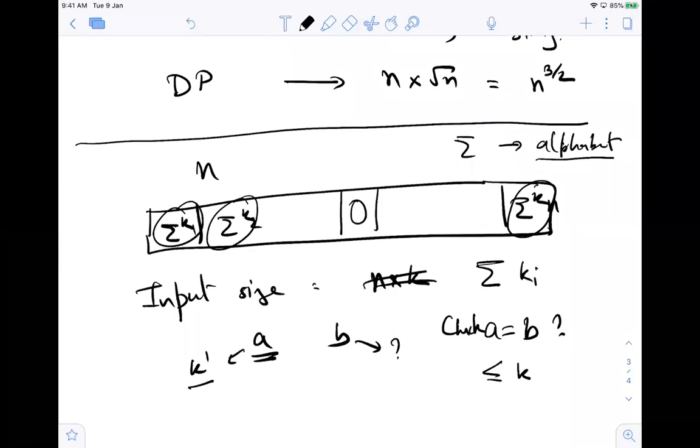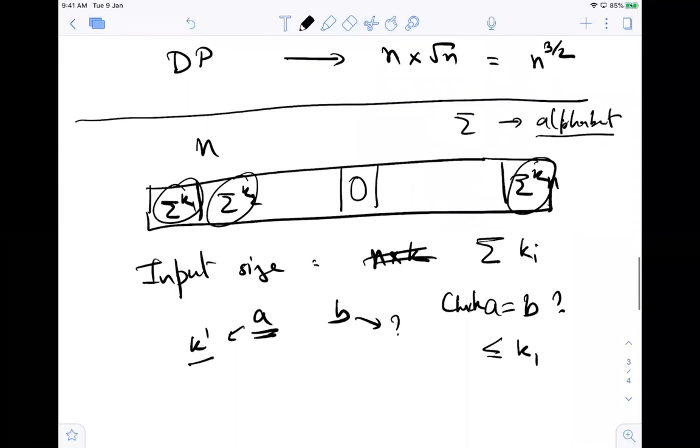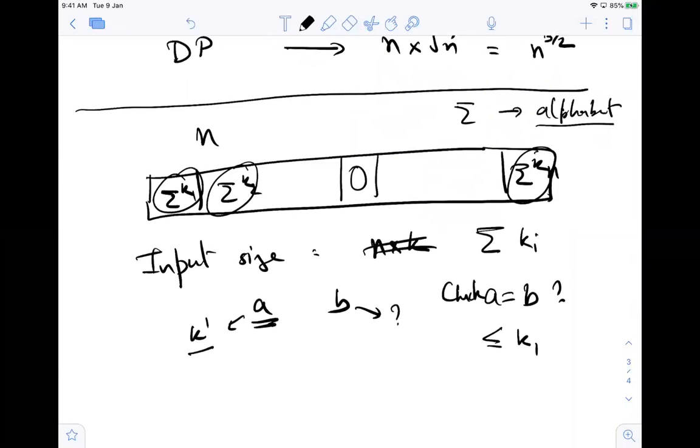Of course, less than k1, because you do a linear scan and go on checking. Earlier it was order n because it was order 1 per element of the array. Now, when you come to the ith place to check it, it will cost you ki. The total time complexity will be the summation of ki, which is exactly the same as the input size.